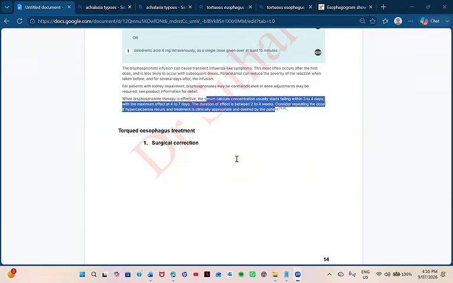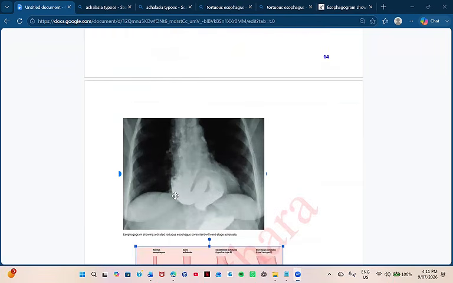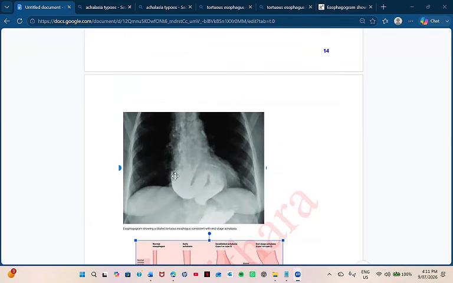So mostly this is associated with long-term untreated achalasia. After a barium swallow, you can see the dilated, tortuous, enlarged esophagus. It's achalasia-associated, and this is a complicated one.